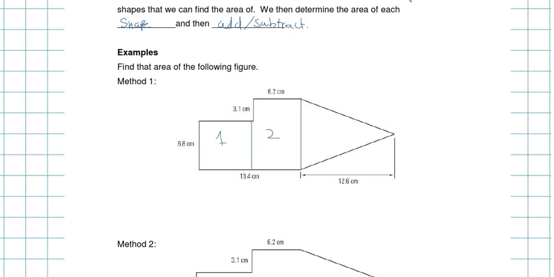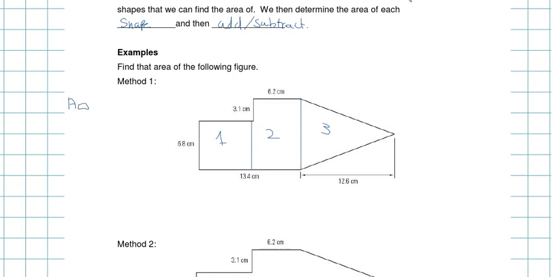What would be my length and width for the first one? Because the area of the first one, which is the area of a rectangle, is length times width, right? If you go back to your formula sheet, it's length times width.